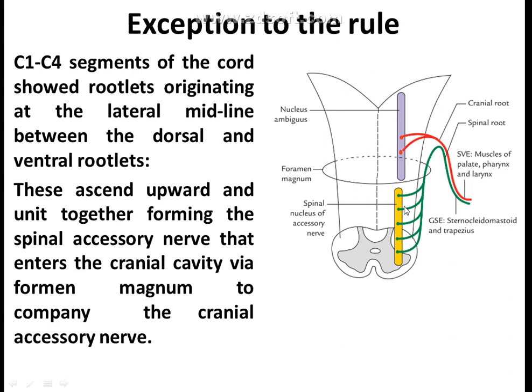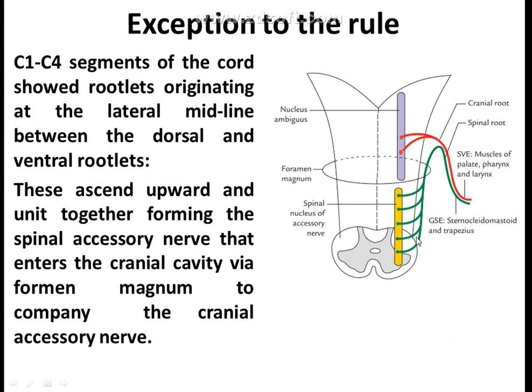Again, this is a figure showing the rootlets originating from C1 to C4 segments of the spinal cord in the midline laterally. Of course, these rootlets are originating from these cervical segments, C1 to C4, in addition to the ventral rootlets and dorsal rootlets.